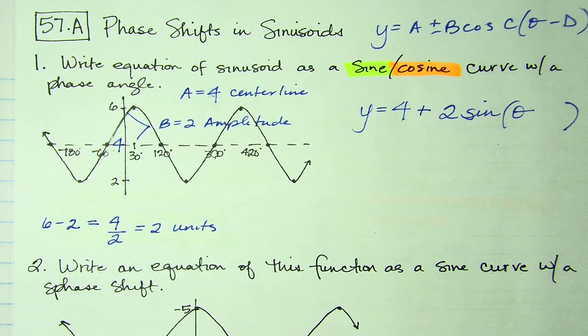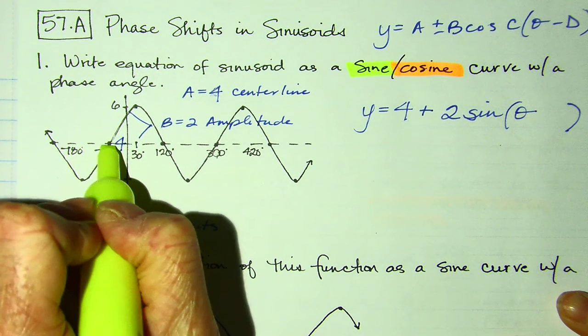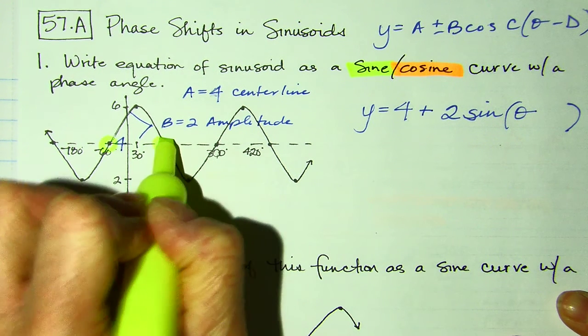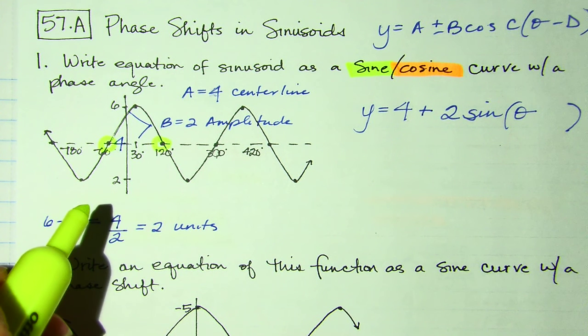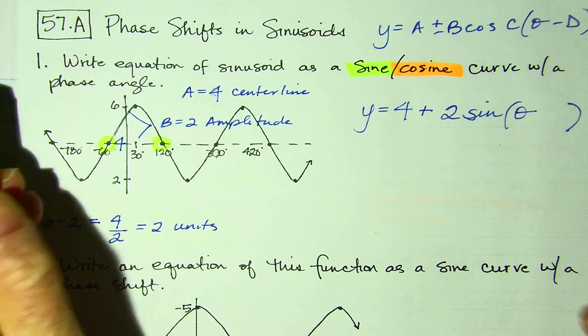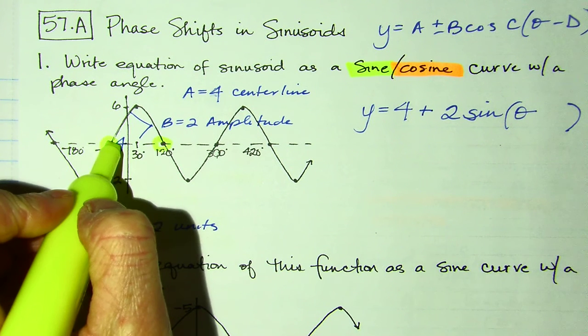Now I need to determine where this graph has been shifted. So when it comes to sine, we're looking at the point on the center line closest to the origin. I have 2 spots that are close to the origin on the center line, but you're looking for the one in which you're reading this graph, it's on its way up. So at 60 degrees, we read our graph moving to the right.